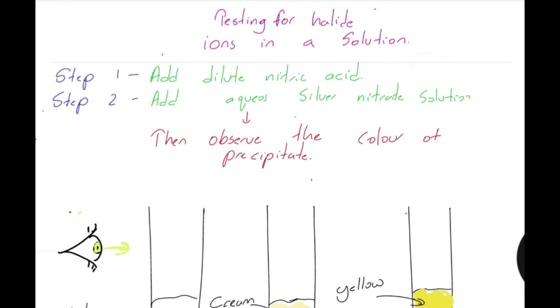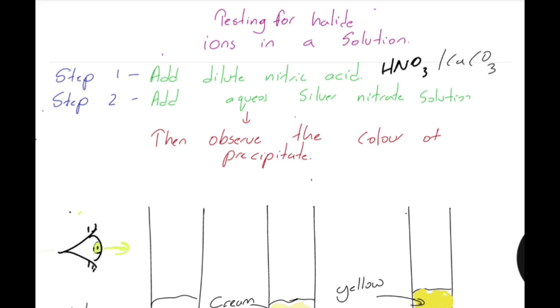Most students ask this question: why are we adding dilute nitric acid, HNO3? By adding dilute nitric acid, we can remove carbonate ion impurities which are contained in the halide solutions.